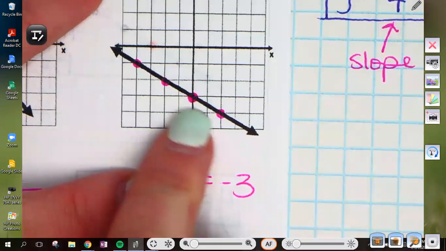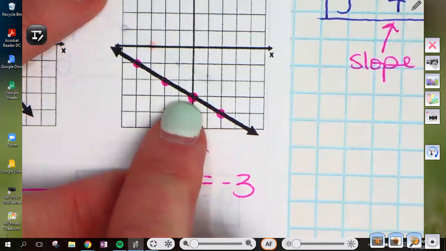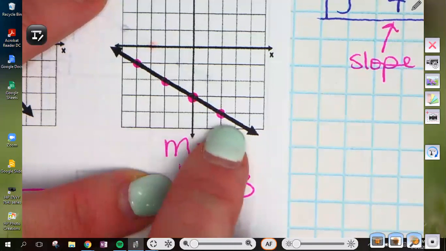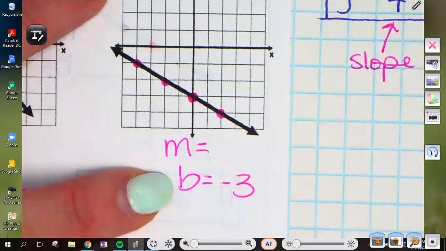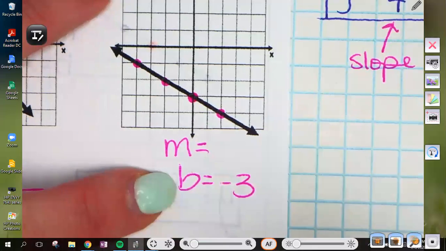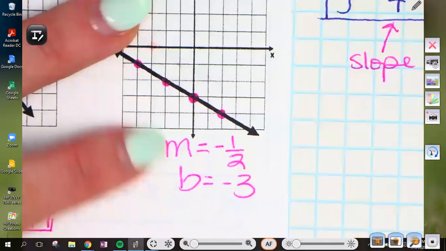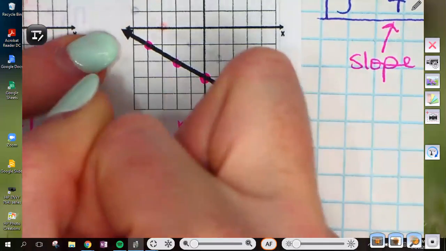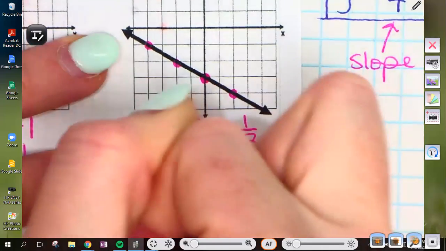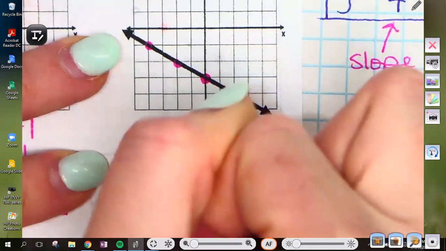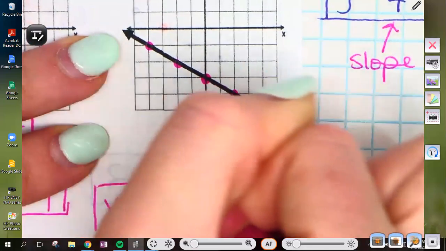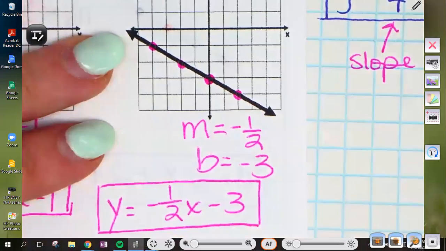Okay, and from my starting point to the next point, I go down 1/2. So what's my slope? -1/2. So my equation will be y equals -1/2 x minus 3.